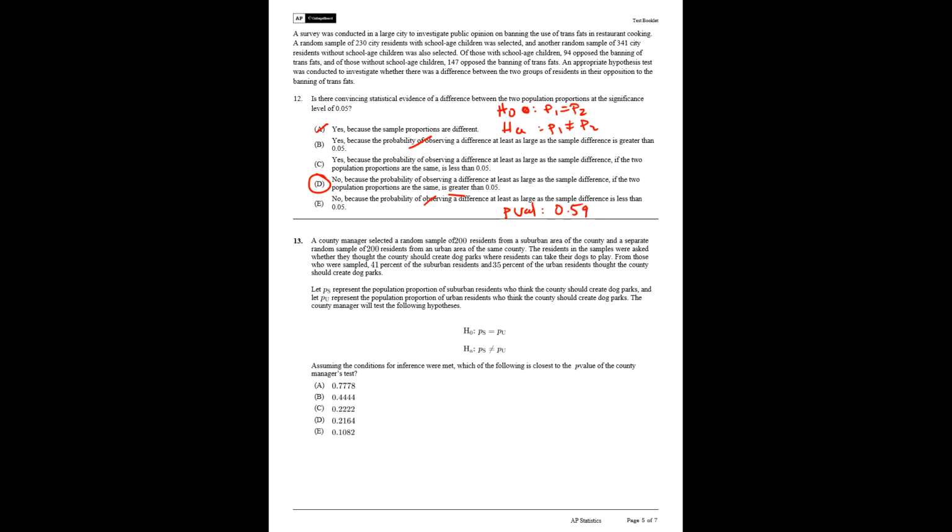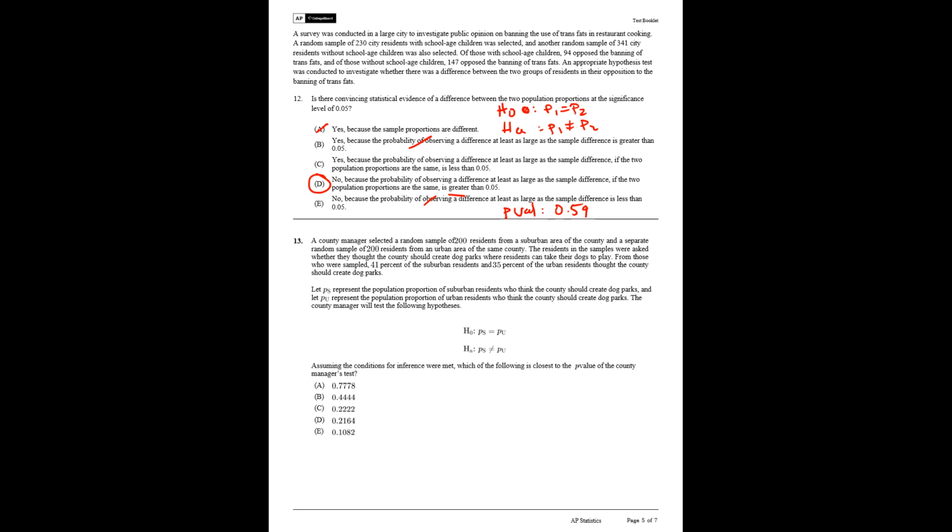A county manager selected a random sample of 200 residents from a suburban area of the county and a separate random sample of 200 residents from an urban area of the same county. Residents in the samples were asked whether they thought the county should create dog parks where residents can take their dogs to play. Of those sampled, 41% of suburban residents and 35% of urban residents thought the county should create dog parks.